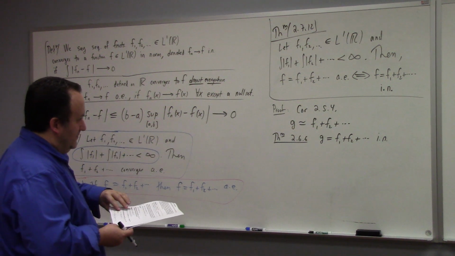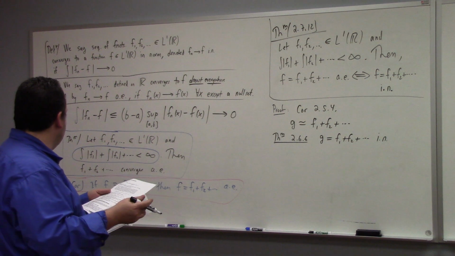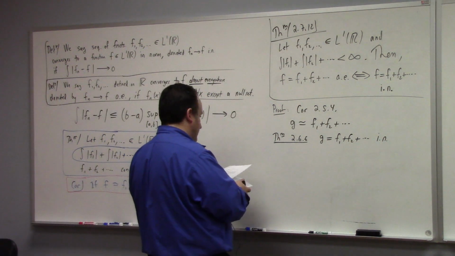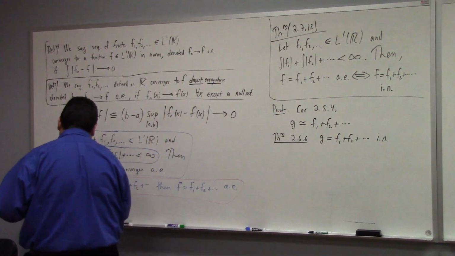All right, and then what? So then by corollary 2.7.11, which I think I just wrote down here, yeah, this is 2.7.11.